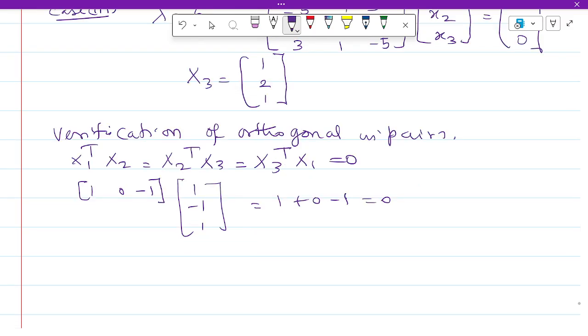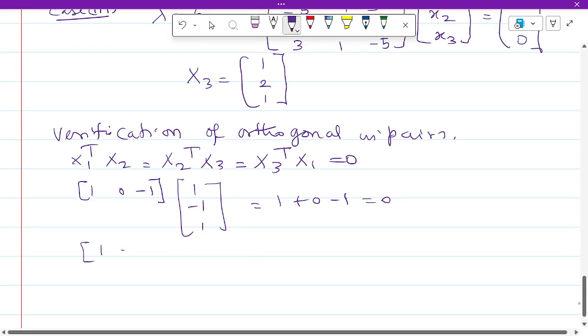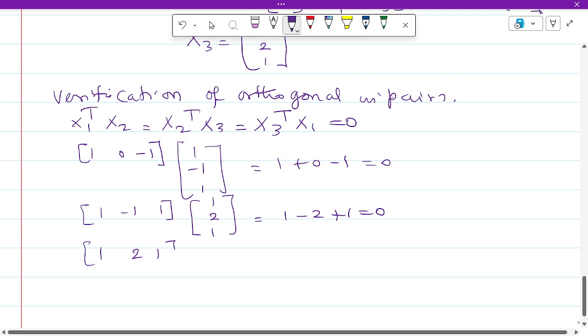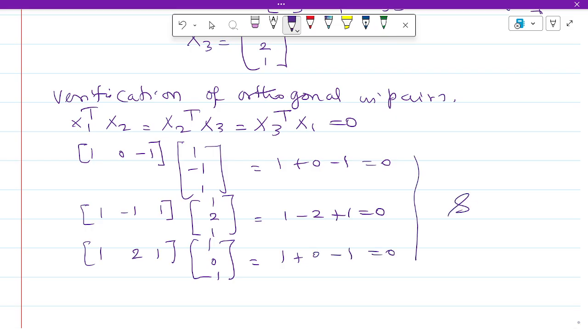And then x2 transpose x3: x2 transpose is 1 minus 1 1 and then 1 2 1. So you will get 1 minus 2 plus 1, it is also equal to 0. Similarly, x3 with x1, 1 2 1 and 1 0 minus 1, is also 1 plus 0 minus 1 equal to 0. So now it is satisfied.